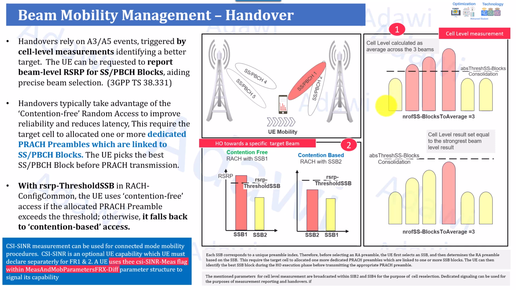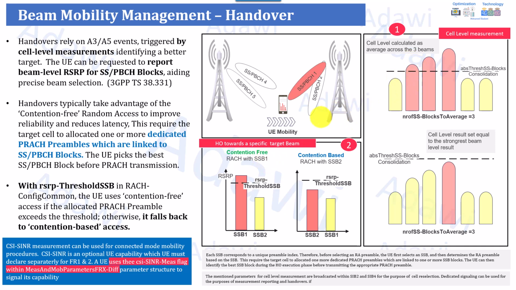Now there is another important piece of information the gNB and the user need to know. For example, whether the handover execution phase is going to be done based on contention free or contention based, which means based on a dedicated preamble or a non-dedicated preamble.